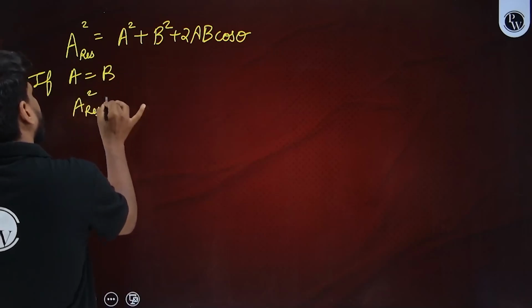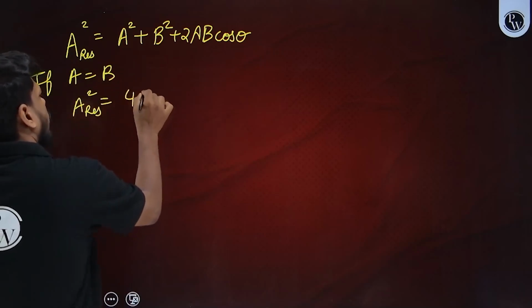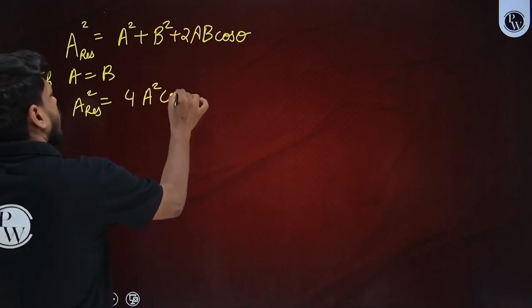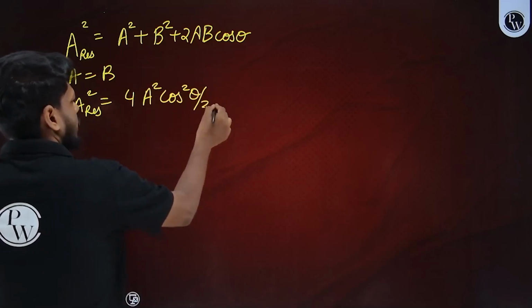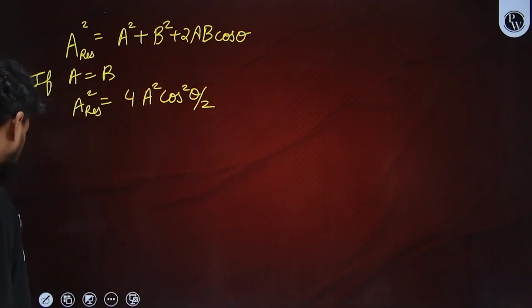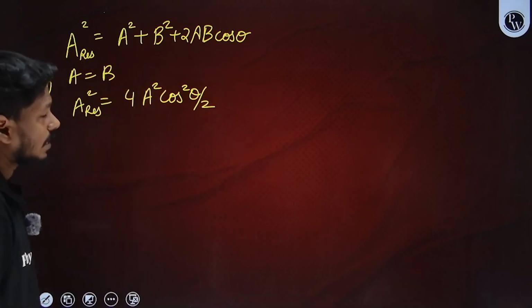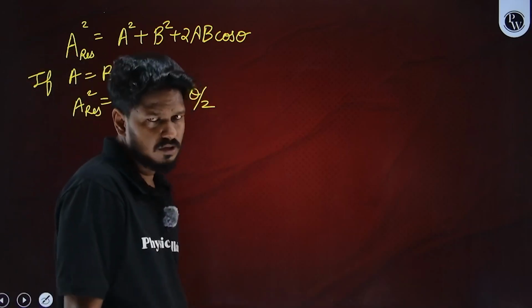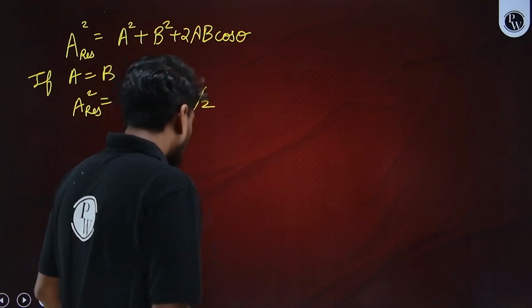Resultant amplitude square is equal to 4A square cos square theta by 2. Any difficulty? If A is equal to B. Okay, no difficulty.